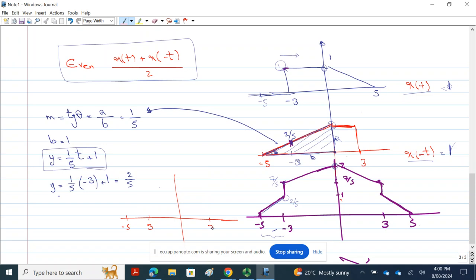So if it's 3, 5, now divide everything by 2, then my maximum becomes 1. And then at point 3, that one becomes 2 over 10. So it will go like that, then goes up to 7 over 10, and then this goes to 1. We just divide all the values by 2. And then the other side is the mirror of this.